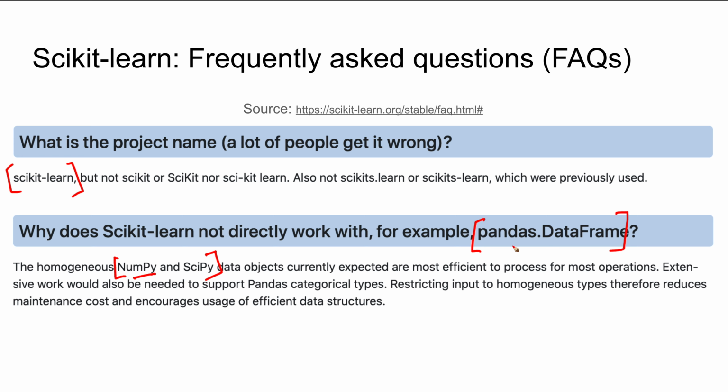We have seen data frames in the beginner series. Once we have the finalized data frame, we can easily convert it into arrays, and then those arrays can be used as an input to these models. So that's one important point to remember.